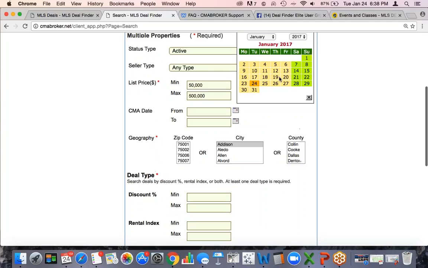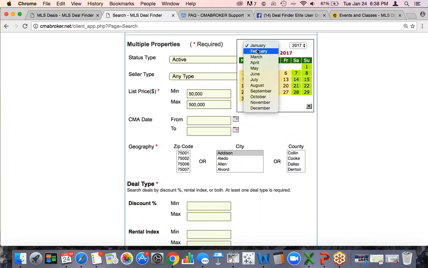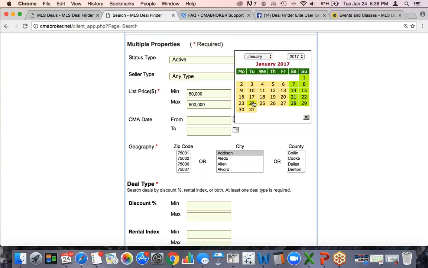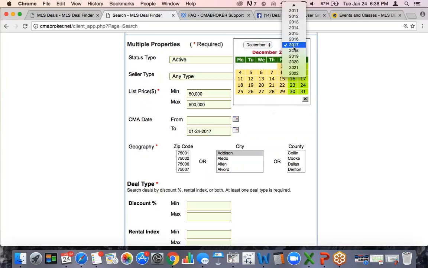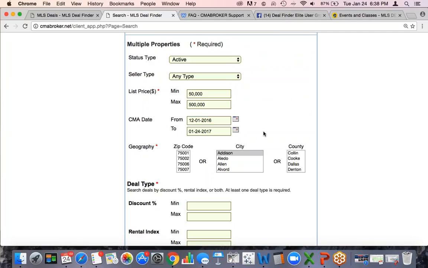I want to set a CMA date. Usually we do the past 30 days. So we've got January, which is the day of today, and perhaps December 1st of last year.